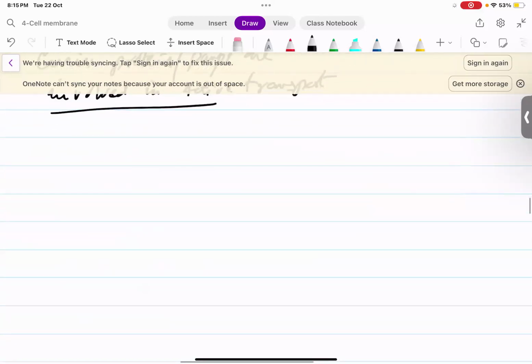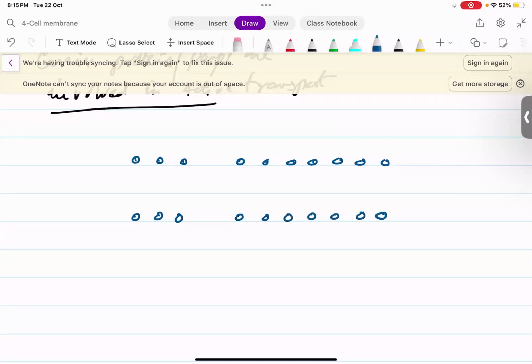For example, if this is the phospholipid bilayer, this is phospholipid bilayer. Okay. So we have this phospholipid bilayer showing the polar heads outwards and the non-polar tails facing inwards.